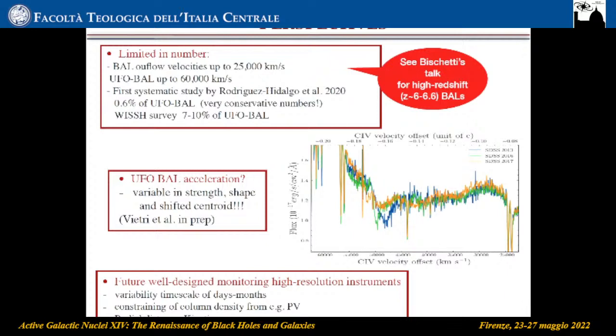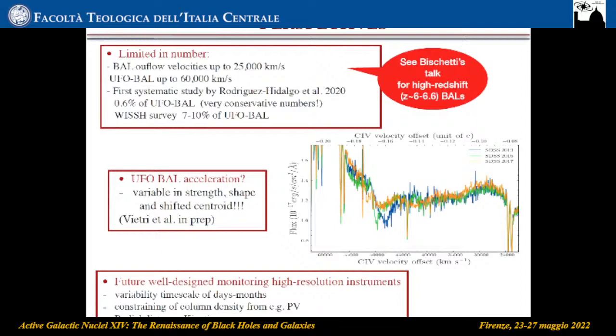There is a first systematic study done by Rodriguez Hidalgo 2020 who found 0.6% of such UFOs, and in the WISE quasars instead we found a fraction of 7–10% of such winds, so it is very promising.